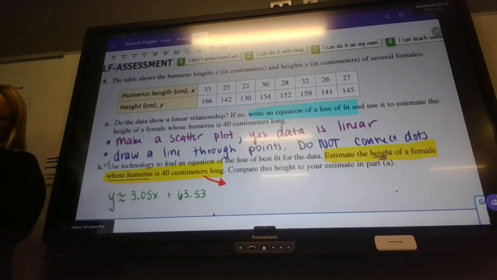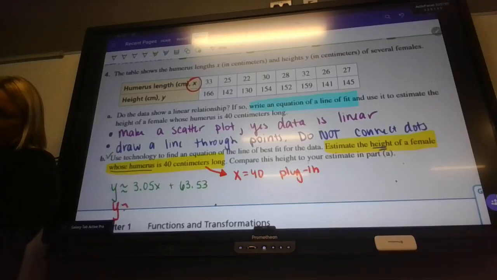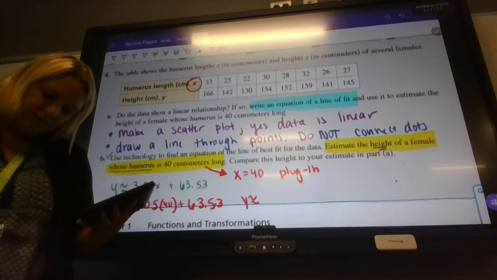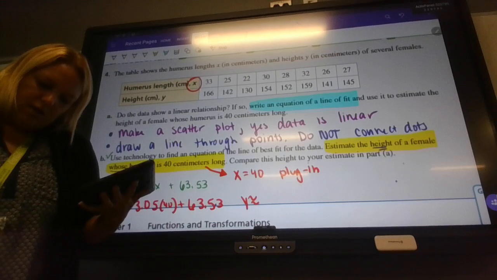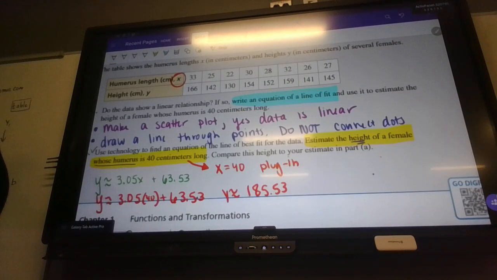The humeruses are the x values. So we're going to go x equals 40. We're going to plug in and use the equation to find the height. So we're plugging in for x. And it's like 185 or something. 185.53. And then this is a real world application problem, so we need to answer in a complete sentence.